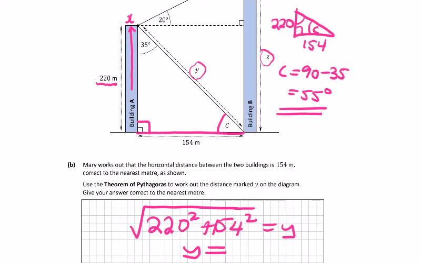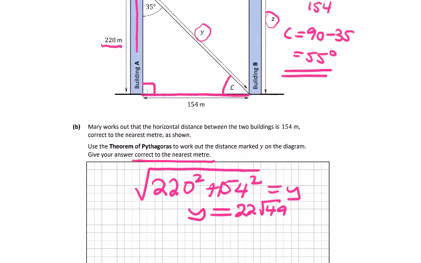So y is equal to, the calculator gives 22 root 49, but we're asked for it correct to the nearest meter, as you can see here. So just change the calculator. 268.54 to the nearest meter is 269 meters.